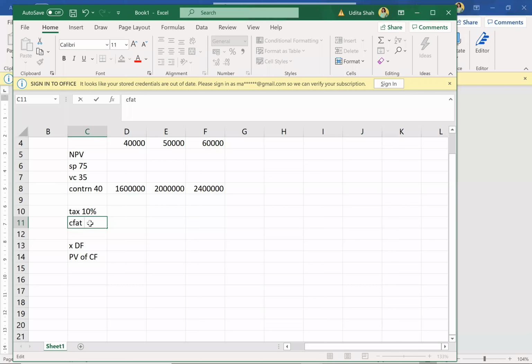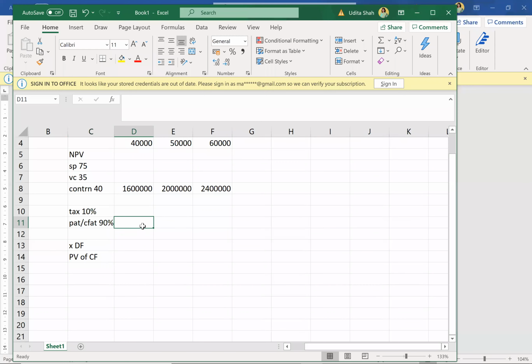If tax is 10%, there is no fixed cost and no depreciation, so contribution minus tax can directly give me PAT. So PAT or CFAT is 90%. So directly I can take this amount into 90%, and that will give me my PAT.